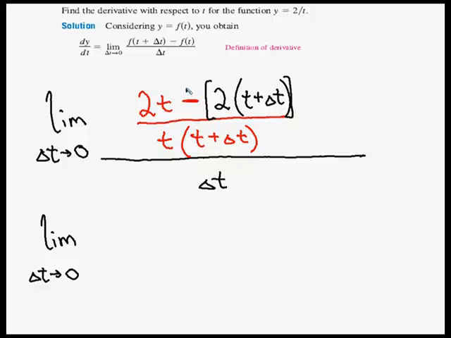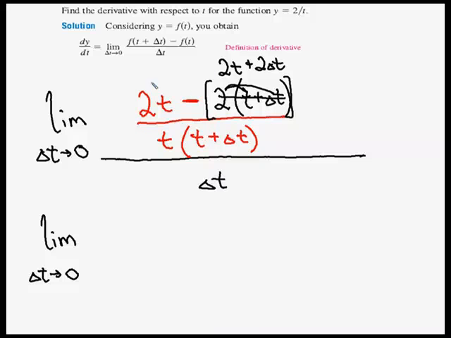Well, we're going to distribute this negative, and I guess we could say first we should distribute that 2. Here we're going to have 2t plus 2 delta t. When I distribute this, 2t, 2 delta t, and then we distribute the minus sign.